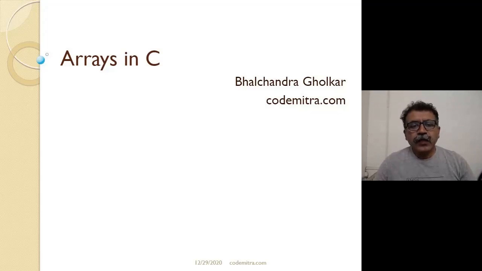Now, an array is basically a secondary data type, if you can recall. Before I start the explanation of an array, let's see what will be the contents of this chapter.